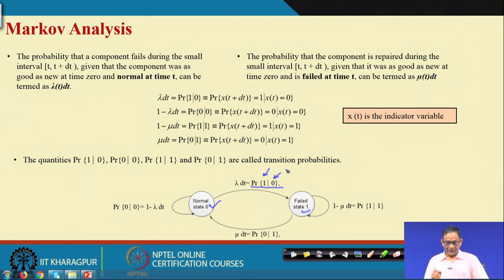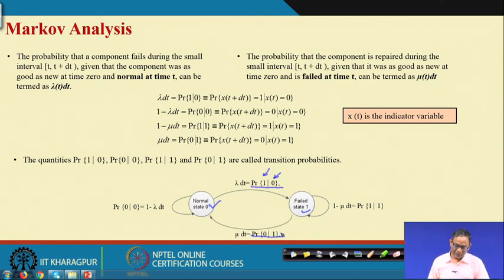Now, if the component is at failed state, then it will be repaired. So, there is also a transition probability that the failed component will ultimately be repaired to as good as new, and that probability is probability 0 given 1.